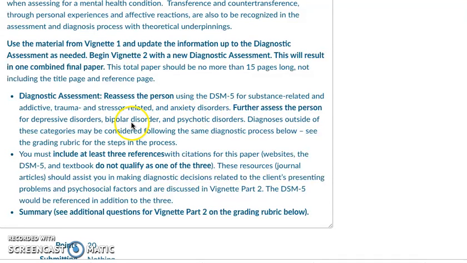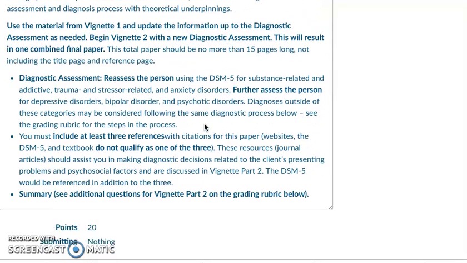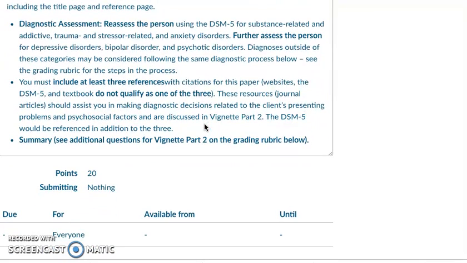You're going to look at any possible depressive disorders, bipolar disorders, psychotic disorders, stress-related disorders, anxiety disorders, child-related disorders, and neurodevelopmental disorders. And you're going to include at least 3 references, as always, one of them being the Diagnostic and Statistical Manual 5, and you're going to include the summary part.